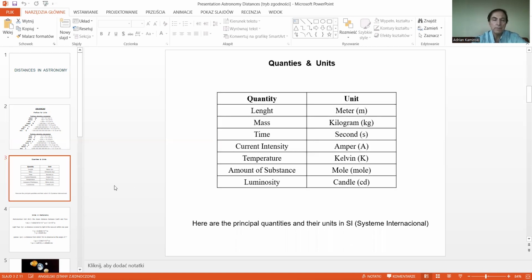Quantities and units. In order to describe something, also in astronomy, we are using some basic main quantities like length, mass, time, current intensity, temperature, amount of substance, luminosity. And each of these quantities has its own unit.